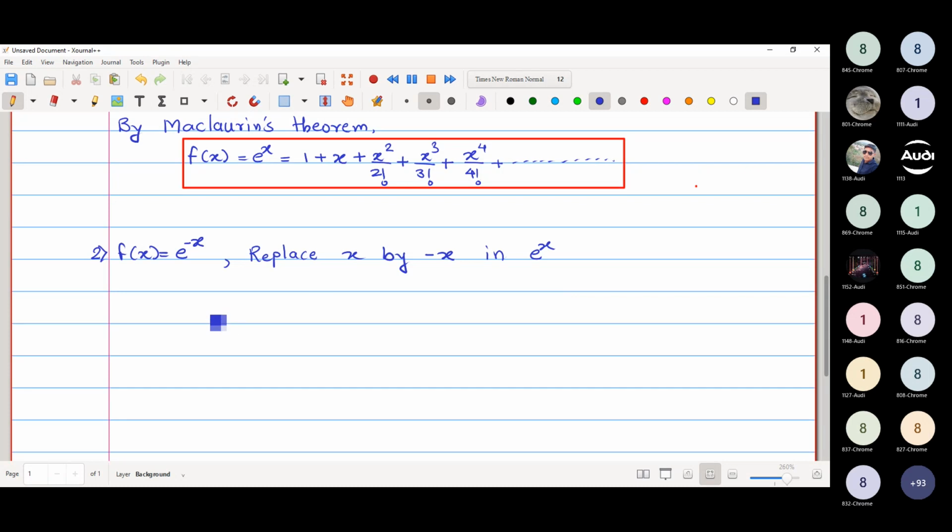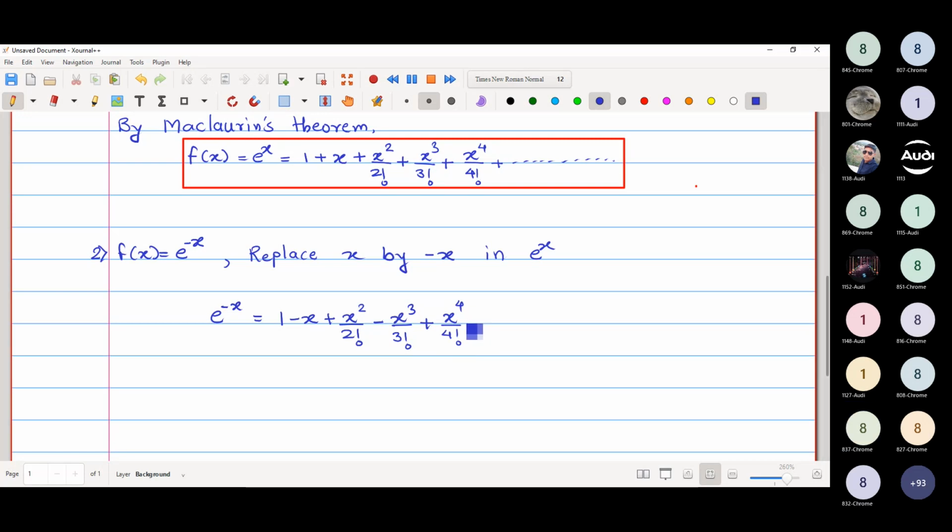Okay, so if I simply replace x by minus x in e raised to x, what are you going to get? Can you directly tell me the expansion of e raised to minus x by replacing x there? 1 plus minus x, next term minus x square upon 2 factorial, but minus x whole square will be positive. Next term, x cube: minus 1 cube will be negative. Next term plus x to the power 4 by 4 factorial.